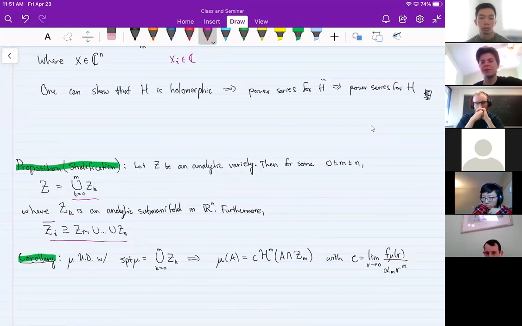All mu cares about is this top dimensional one, and it's actually just a constant times the measurement of volume on here, where this constant is given by the limit of my distribution function with respect to the m-dimensional volume.